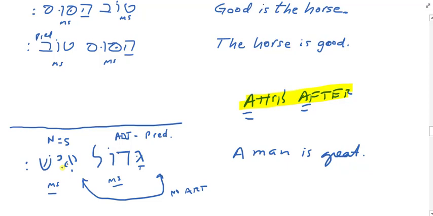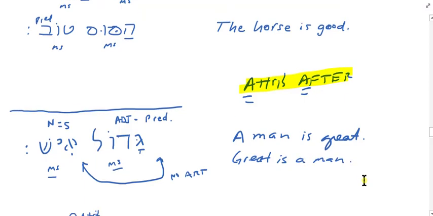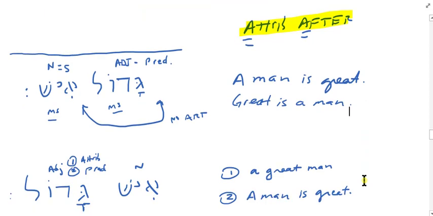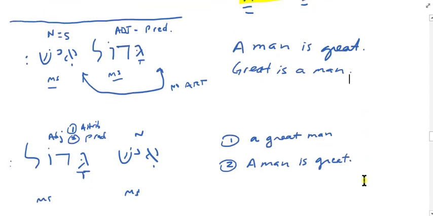And that is when the subject noun is not definite, then this will not be definite either. Okay, so this could be translated as a man is great, or great is a man. All right?